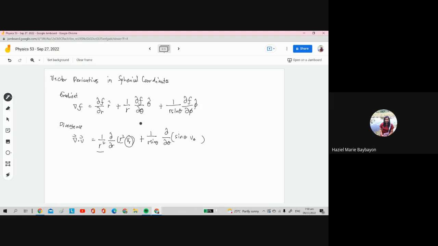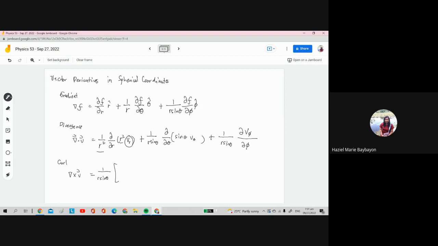Sine theta v theta plus the last term is 1 over r sine theta multiplied by the partial derivative of the azimuthal or phi component with respect to phi. Okay, so this is the divergence in terms of the spherical polar coordinates. And then for the curl, you have the curl of the vector function v is equal to, this one is very long.